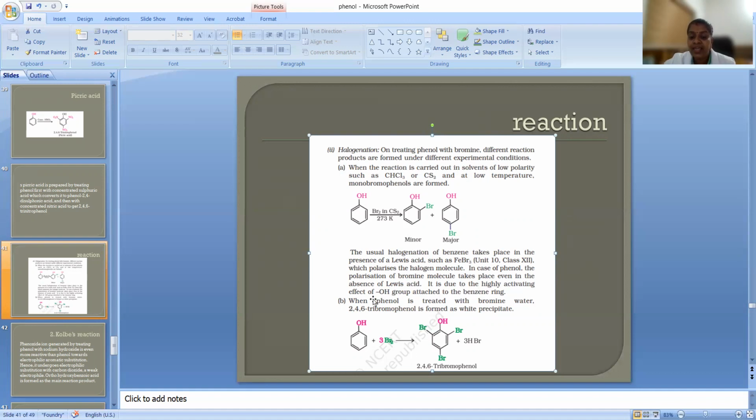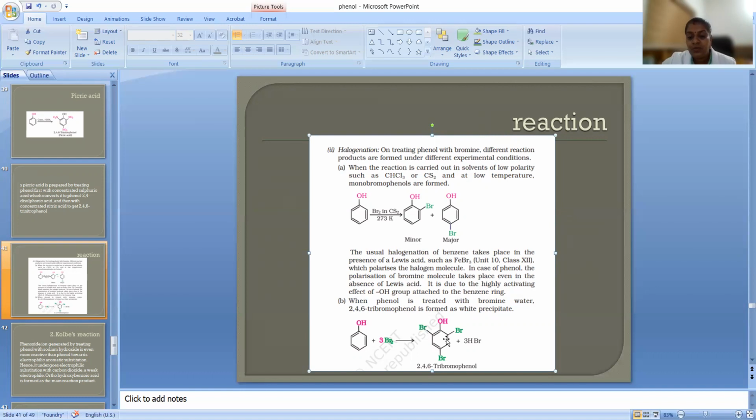It is due to the highly activating effect of the OH group. Very important: the OH group is highly activating because the lone pair on the oxygen atom is directed towards the ring. Because of that, bromine doesn't even need a Lewis acid to react. It will react in the presence of CS2 at very low temperature, 273 Kelvin.